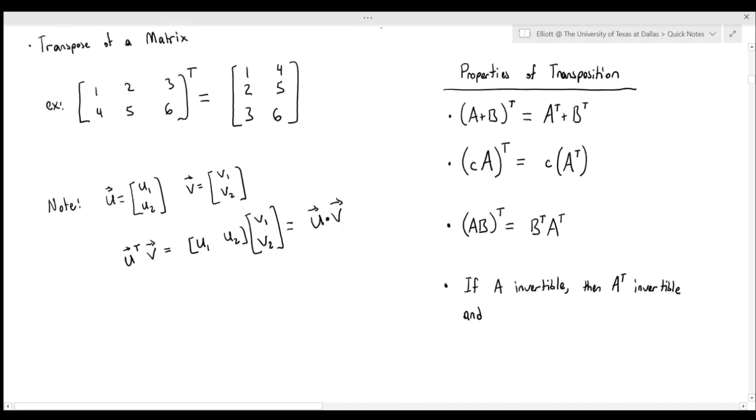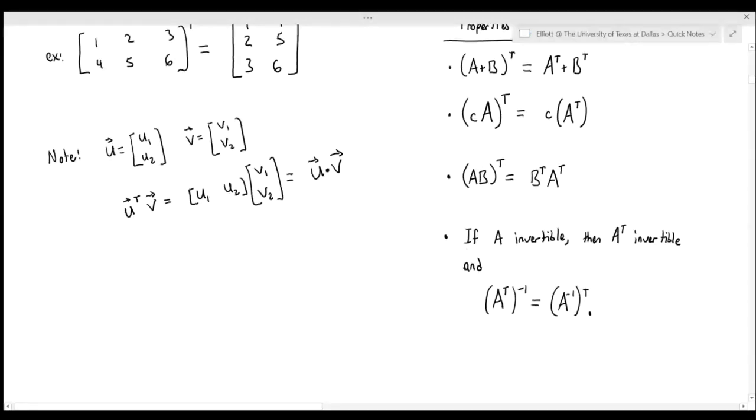In addition to that, the inverse of A transpose is actually just going to be the transpose of A inverse. Okay? And I think it might be nice just to see a short proof of the last property. It's really short, so I'll go ahead and prove it for you guys just so you can see it.